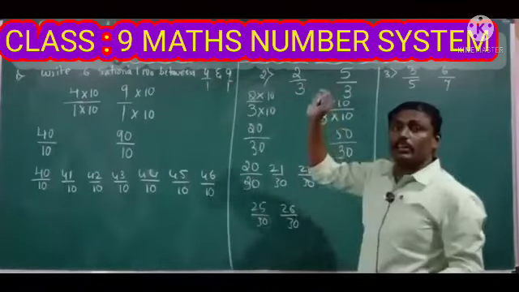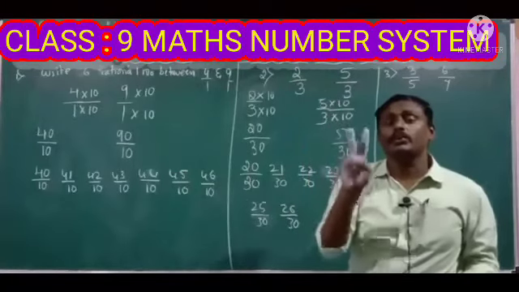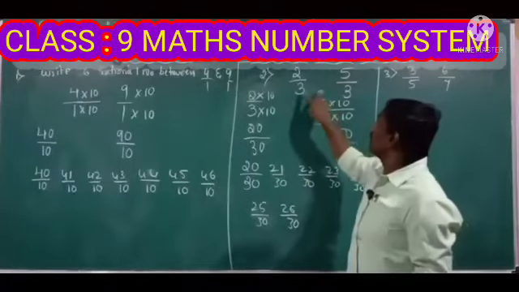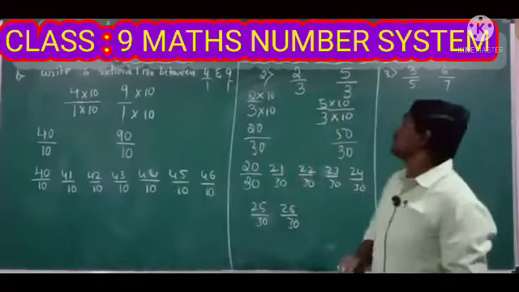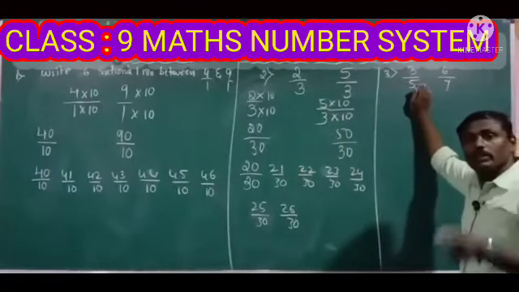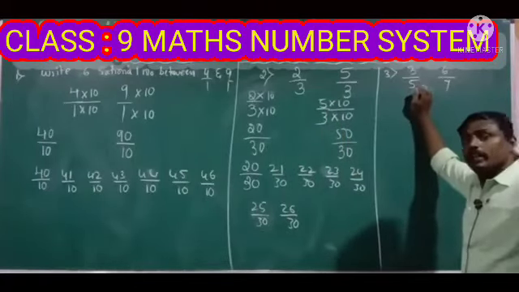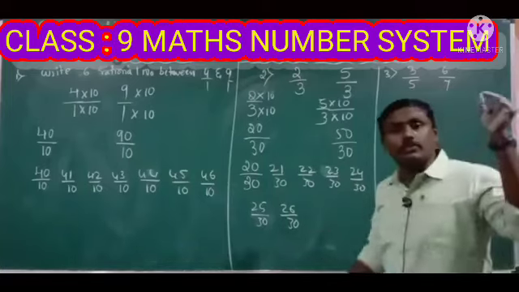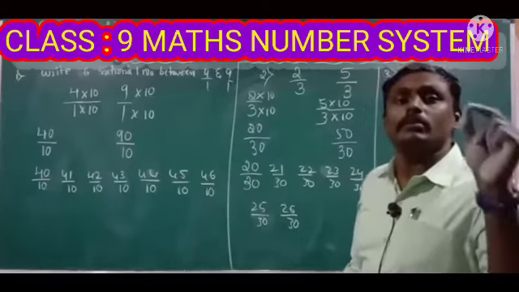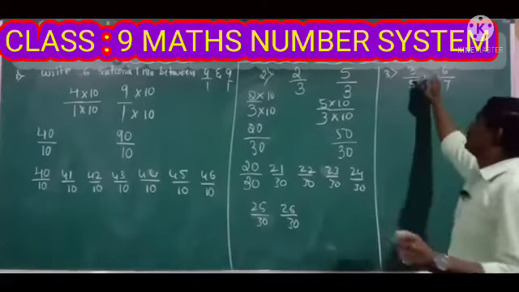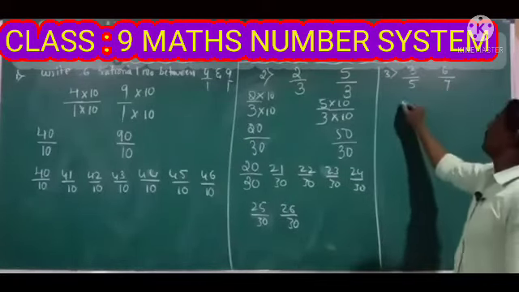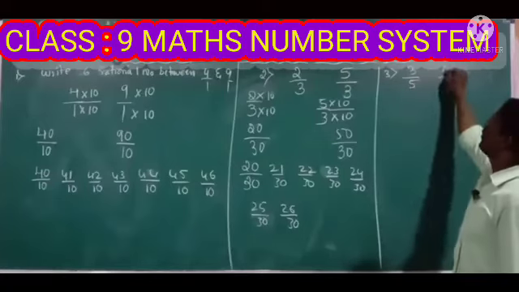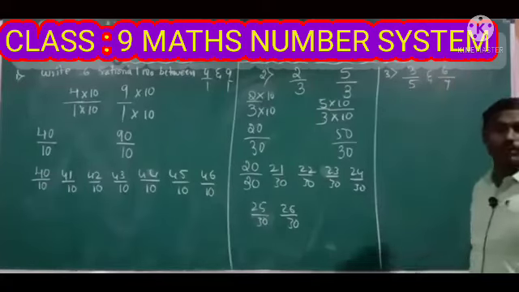In the second method I am taking two rational numbers in which the denominators are the same. In the third method I am taking two rational numbers whose denominators are different. In this case we need to find the LCM of the denominators. So 3 by 5 and 6 by 7 are the two given rational numbers.